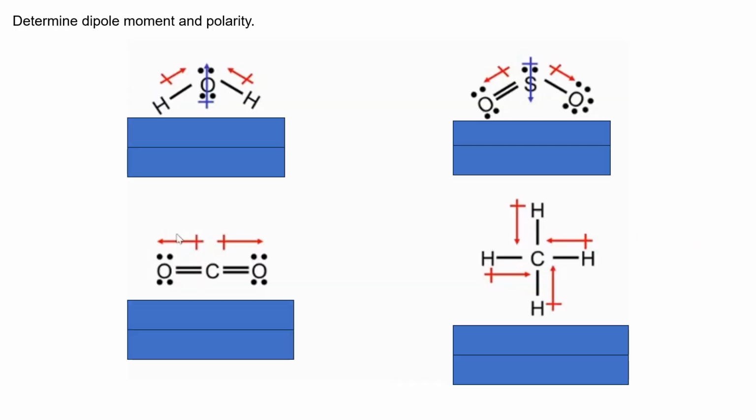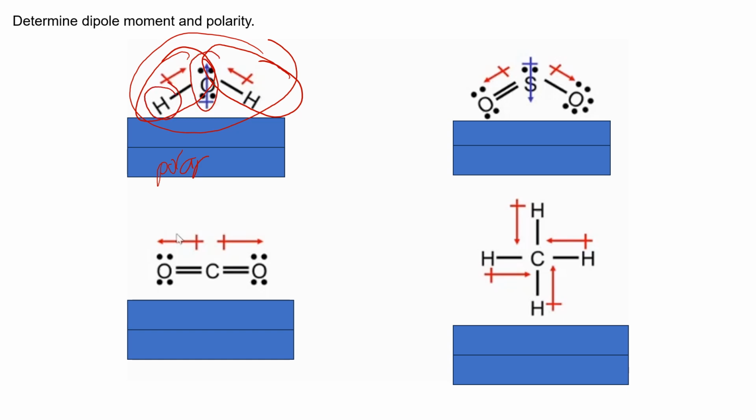So if we look at this example, we determine the dipole moment and polarity. We have here your water, and we've already seen this in our example a while ago. Looking at its structure, this is a polar molecule. Polar because the dipole moments do not cancel out, and this is a polar bond, oxygen being more electronegative than hydrogen.